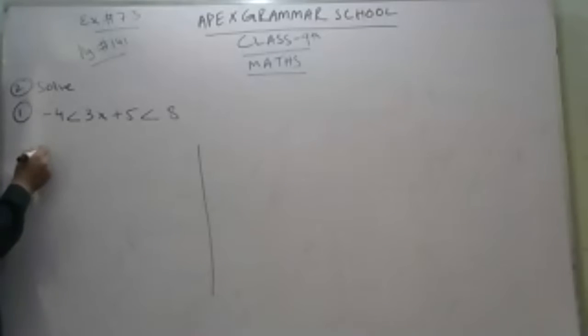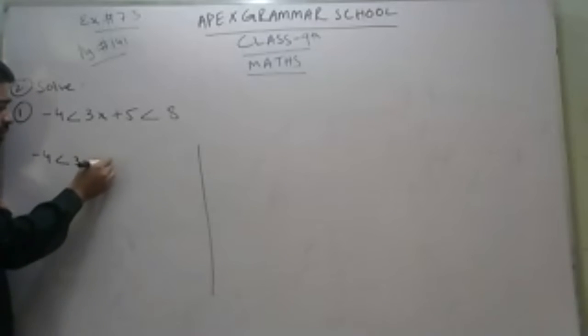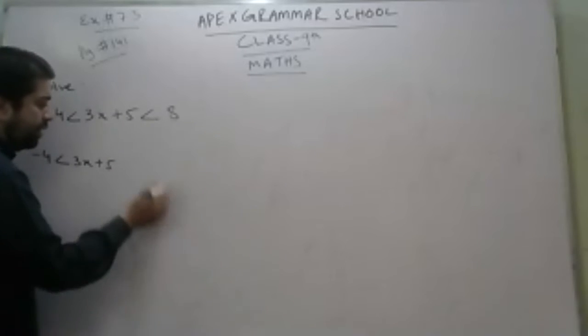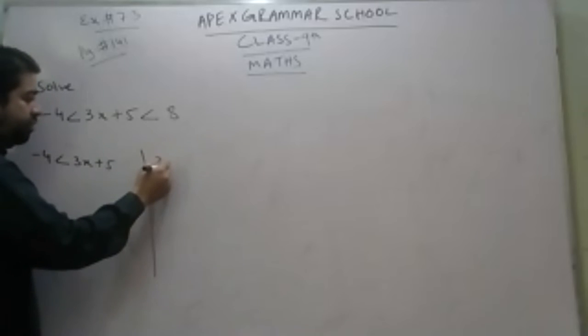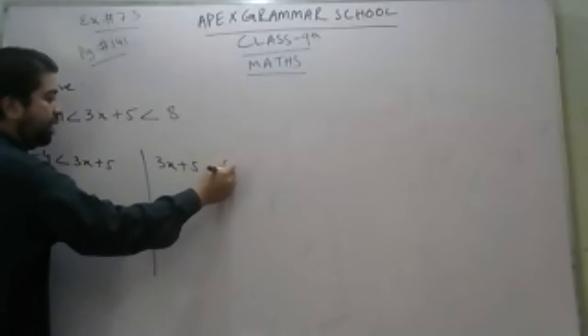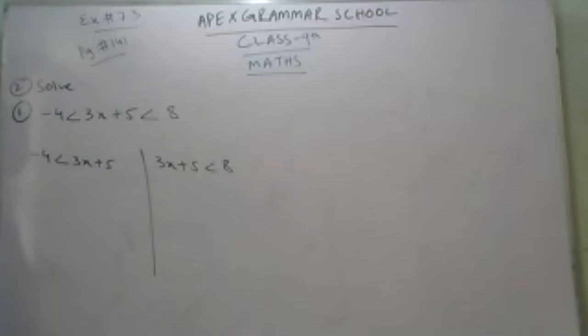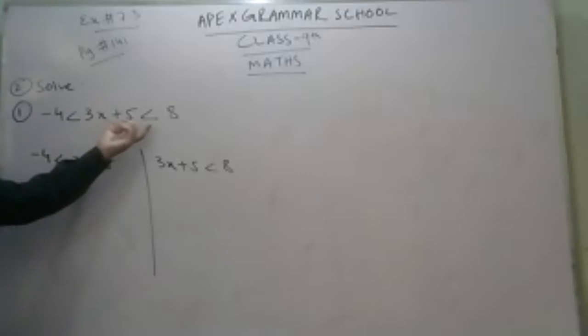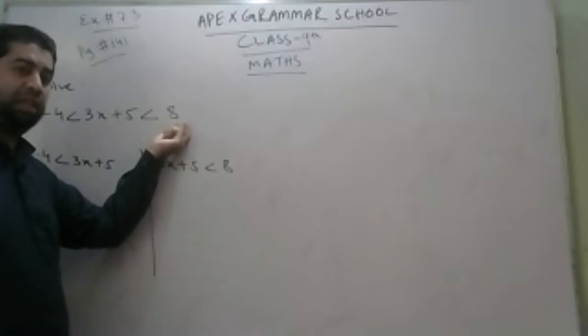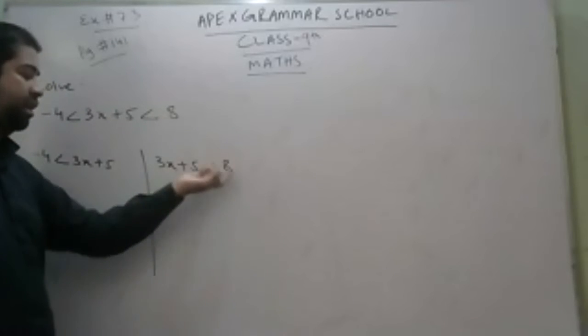First is minus 4 less than 3x plus 5. And second is 3x plus 5 less than 8. You just need to break them. This is totally true that minus 4 is less than 3x plus 5 that I have written. And this is again true that 3x plus 5 is less than 8.